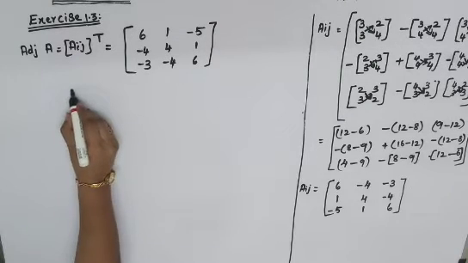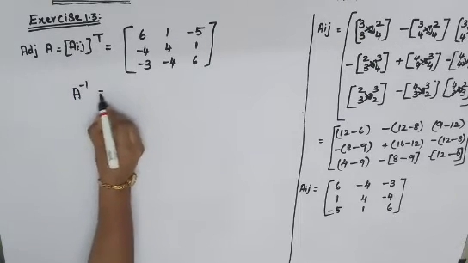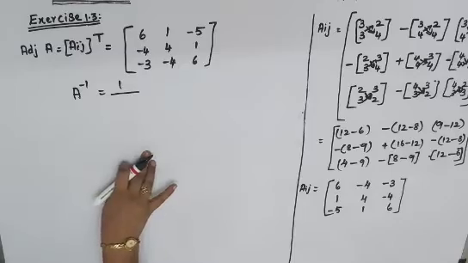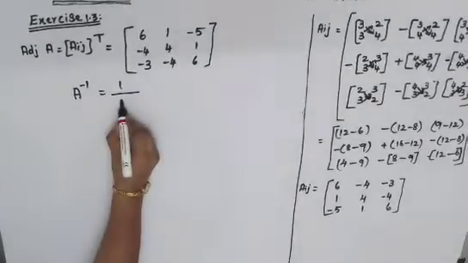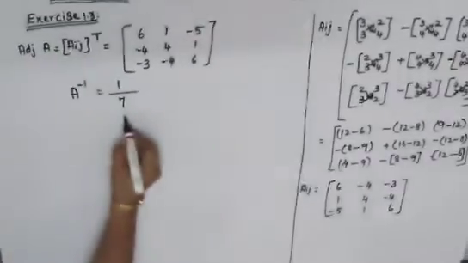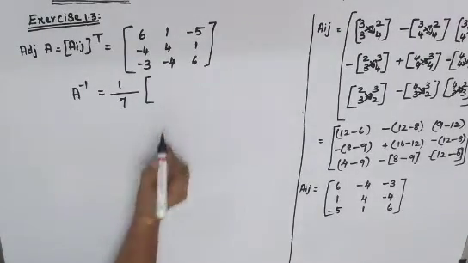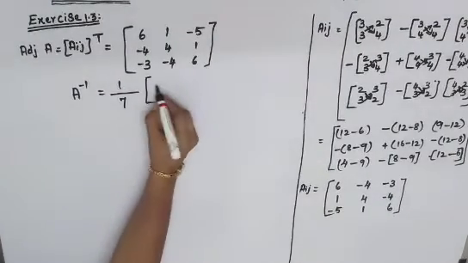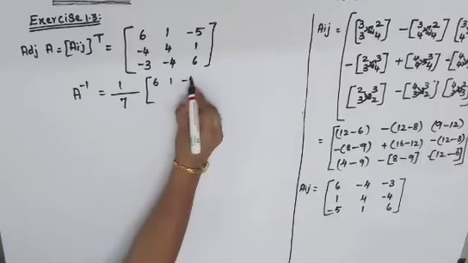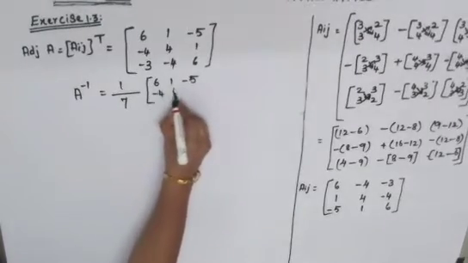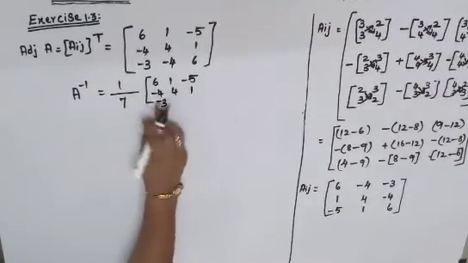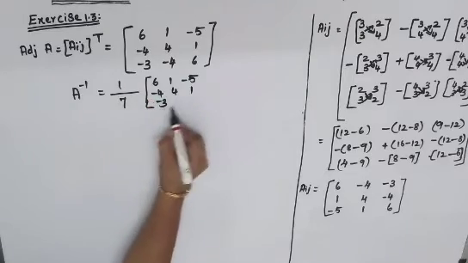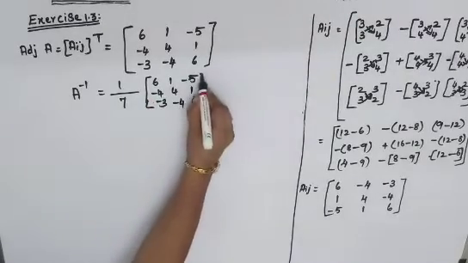Now getting back to your A inverse, which is equal to 1 by determinant of A. The determinant of A is 7. So we can write it as 1 by 7 into adjoint of A, which is 6, 1, minus 5, minus 4, 4, 1, minus 3, minus 4, 6.